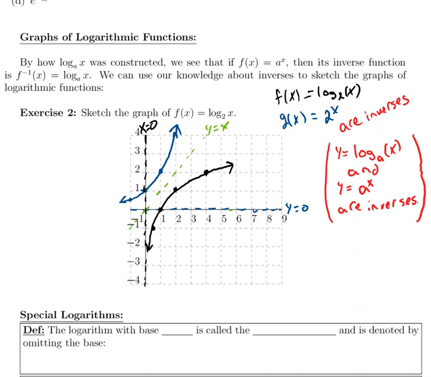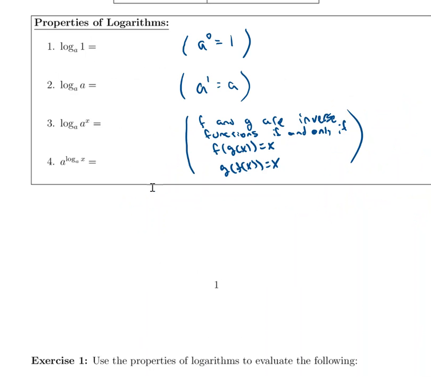So you really want to think of these two functions as being inverses of each other. Now, logarithms have some nice properties that we can use when we work algebraically. So understand this picture, and then you can work algebraically. And these properties you can think of as coming from our knowledge of exponents. So if we know a to the 0 is equal to 1 for positive a values, that means log base a of 1 is equal to 0, because remember, the output is the power in the exponential form.